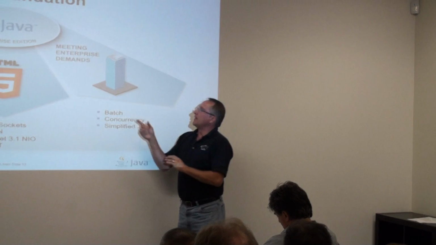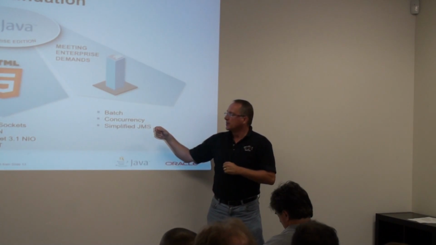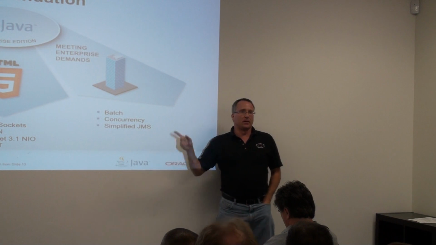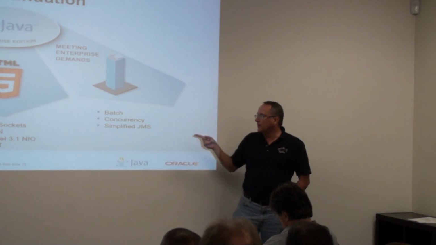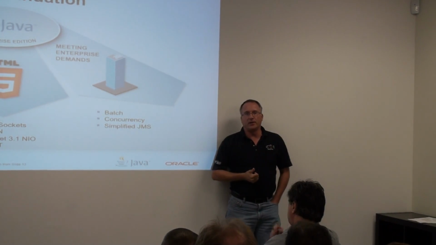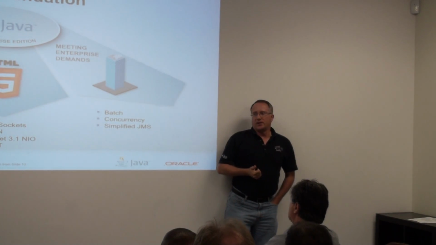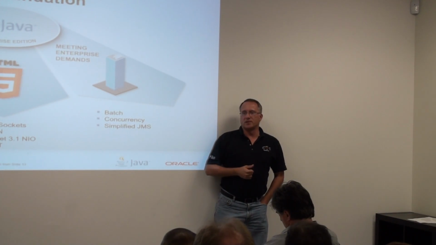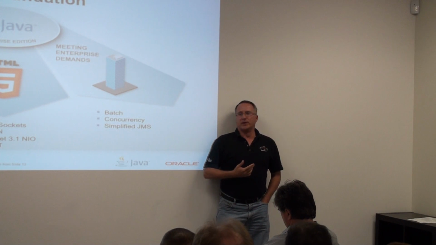And then on the server side, batch. There's a new batch API for basically running batch jobs. The concurrency utilities for the Java EE platform. Java EE doesn't like it when developers spawn threads on their own because it's unmanaged. The server doesn't know what you're doing. You can't use a lot of the EE features like dependency injection and so on.